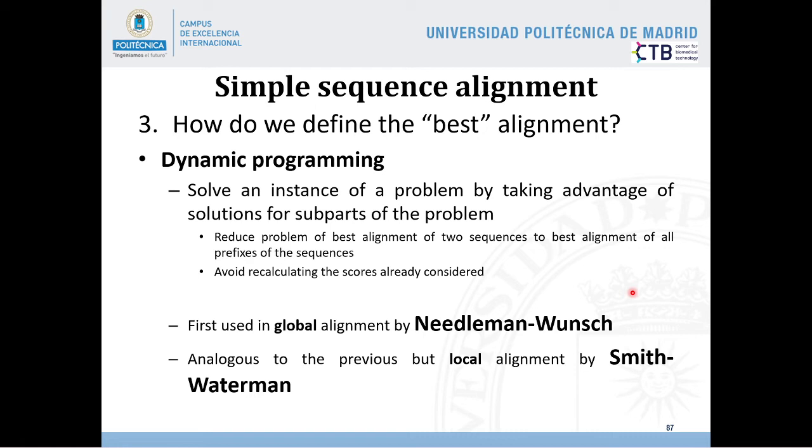There are two main algorithms that are quite important for this kind of programming: the Needleman-Wunsch and the Smith-Waterman. The first one is for global alignment and the second one for local, but they more or less do the same thing. Think about aligning two sequences of, for example, 100 base pairs.